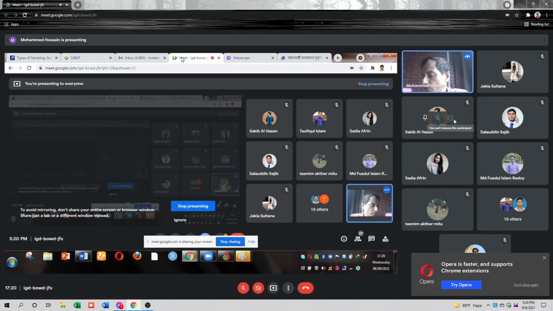Clear? So whenever you conduct a survey, it should be random. Random means there is a chance of selection. Each element can be selected. Anyone can be selected, any building, any item, any hospital, any student can be selected.